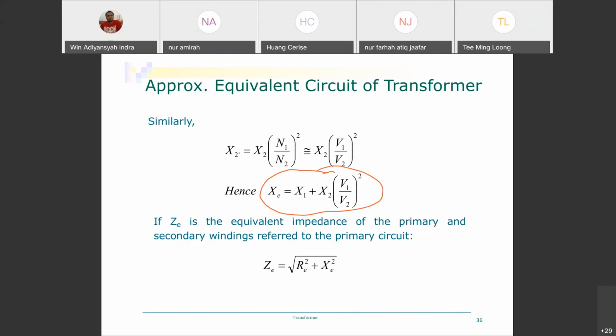But you have to be very smart that the question doesn't give you V. Instead, they give you turns. How many turns at the primary side, how many turns at the secondary side. So basically, you can manipulate the formula here, equal to X1 plus X2 and 1 over N2, right? Correct?